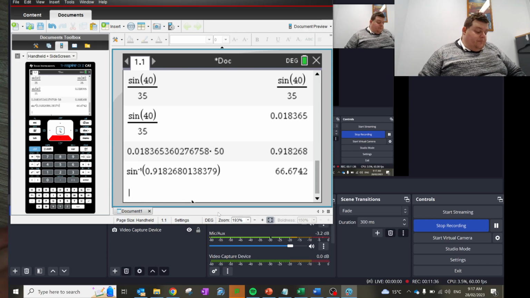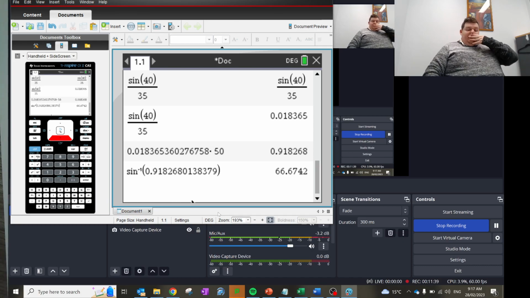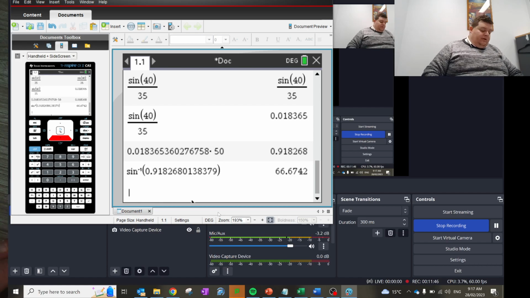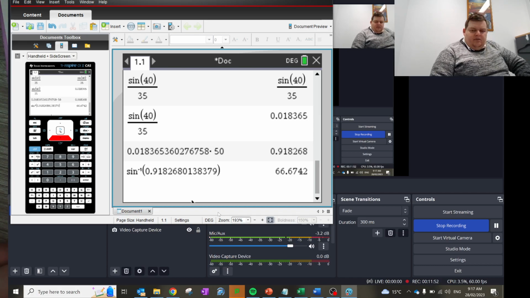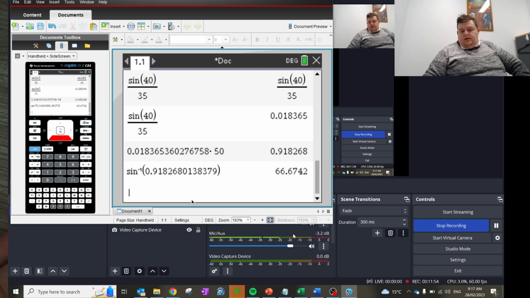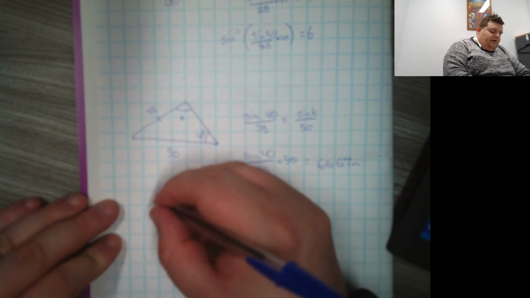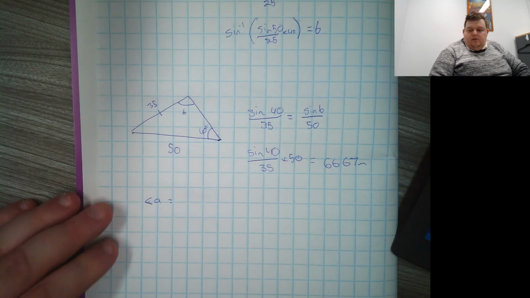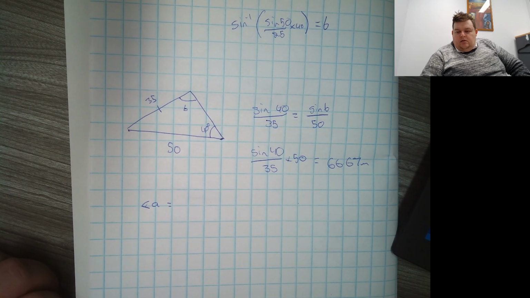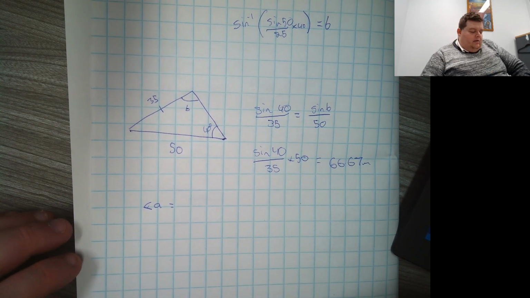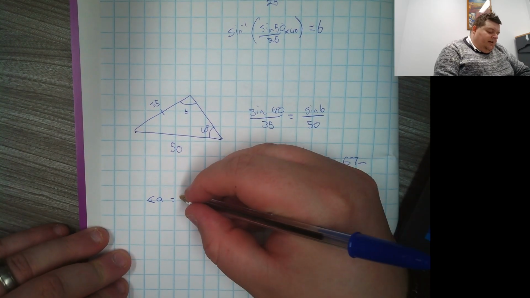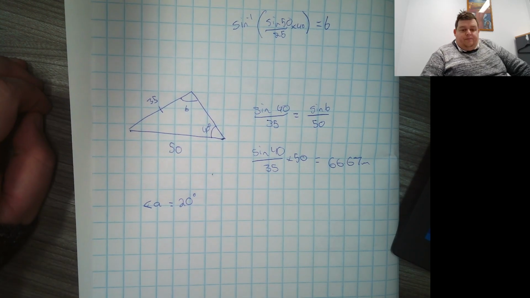Okay, so that's that. Now, you might get a situation where you get what's called an ambiguous sine rule question, where you get told that you have an angle that is an acute angle. So let's say 20 degrees, right?